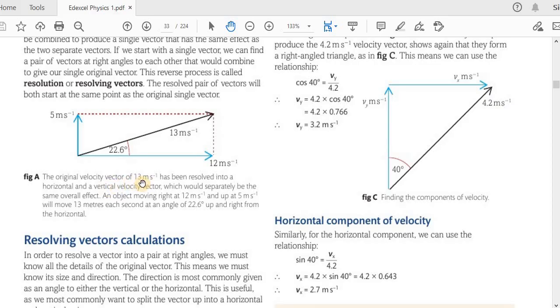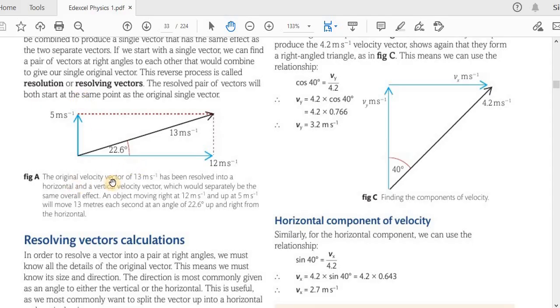Okay, so the original vector of 13 meters per second. Now again, you can see here the vector is the velocity. Okay, this is the velocity vector. We can resolve the components of the velocity in the horizontal direction and the vertical direction.